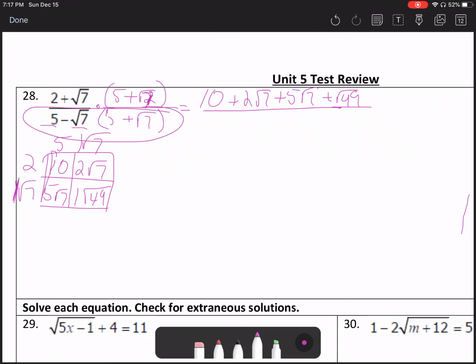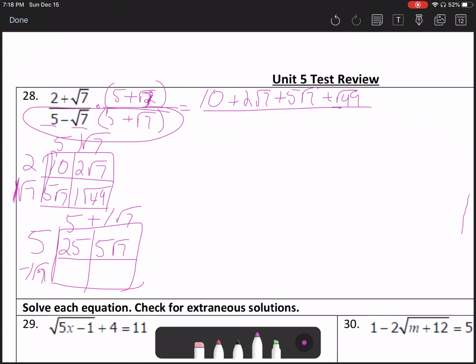Now I do a box for my denominator. Some of you guys have figured out some shortcuts with this, which is great. 5 minus 1 radical 7, 5 plus 1 radical 7. 5 times 5 is 25. 5 times 1 is 5 radical 7.